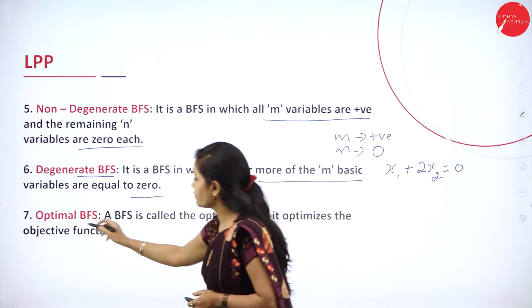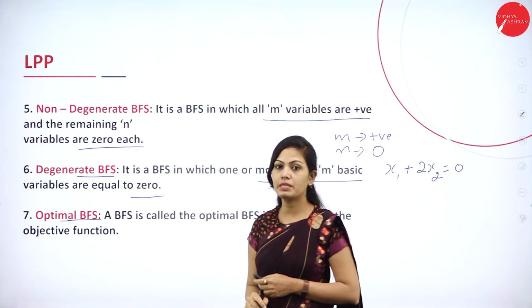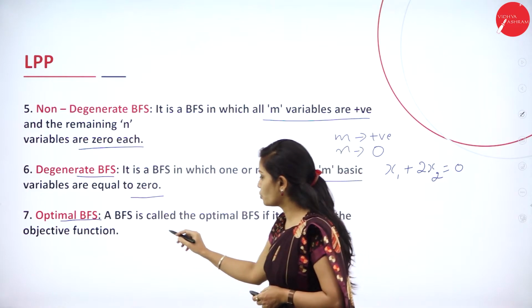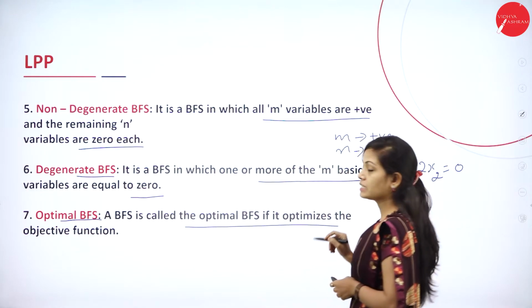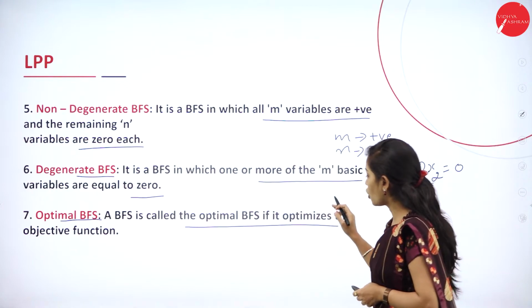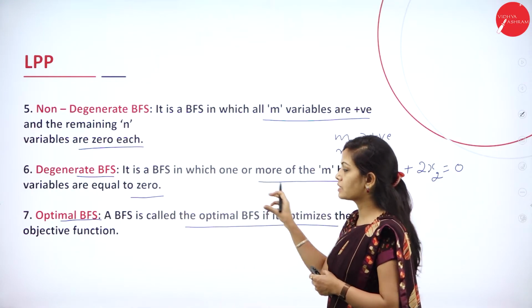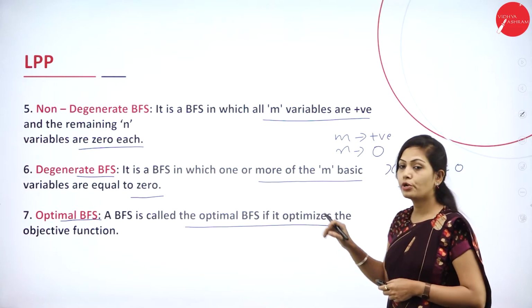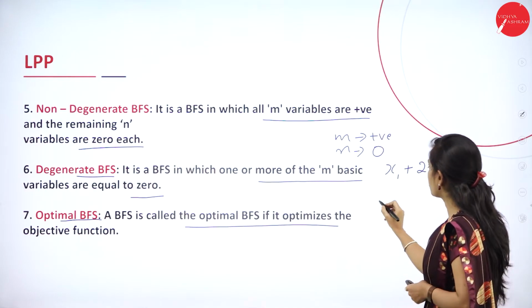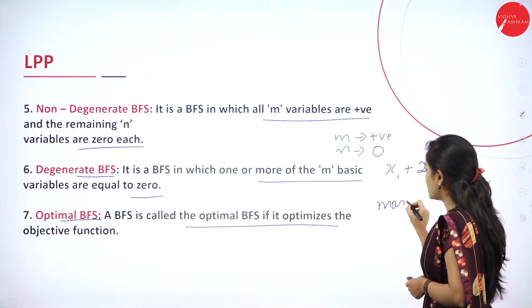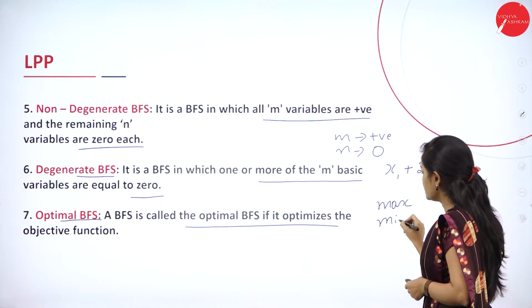And the next one we have optimal basic feasible solution. A basic feasible solution is called the optimal basic feasible solution if it optimizes the objective function. It can be maximization or minimization.